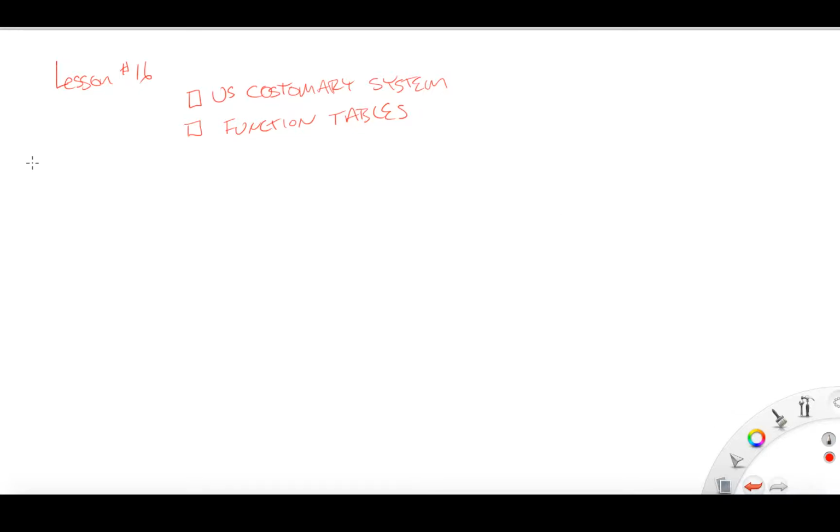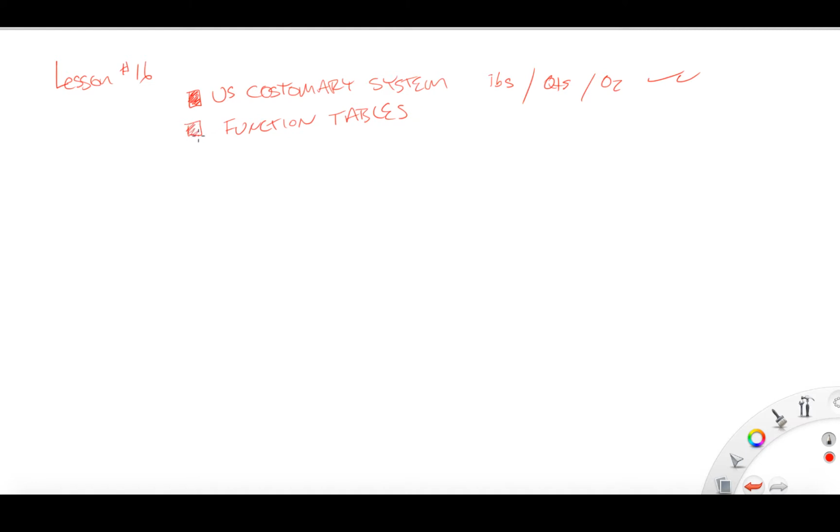Course 2, Lesson 16. Today we're going to be talking about the U.S. customary system, and by customary system we're talking about units like pounds and quarts and ounces and a few other things that we're going to be talking about.